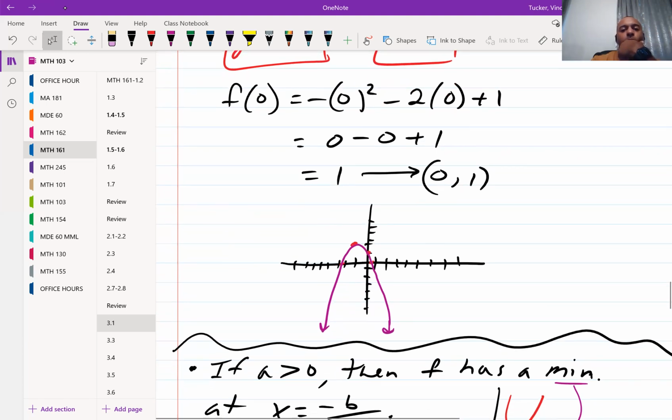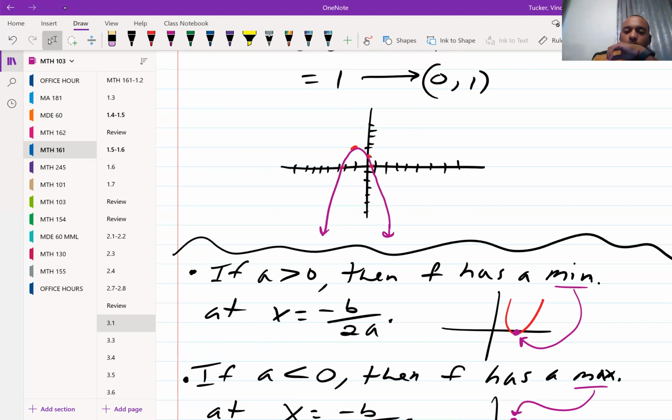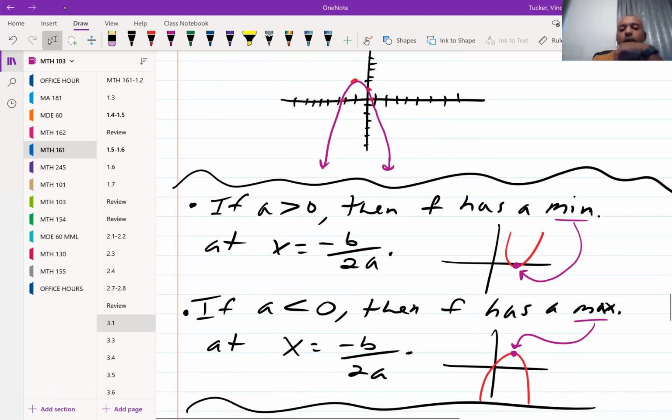All right, you scroll up, let me know if I'm wrong. I already mentioned this before, but this is just in writing and also giving you details of your vertex.